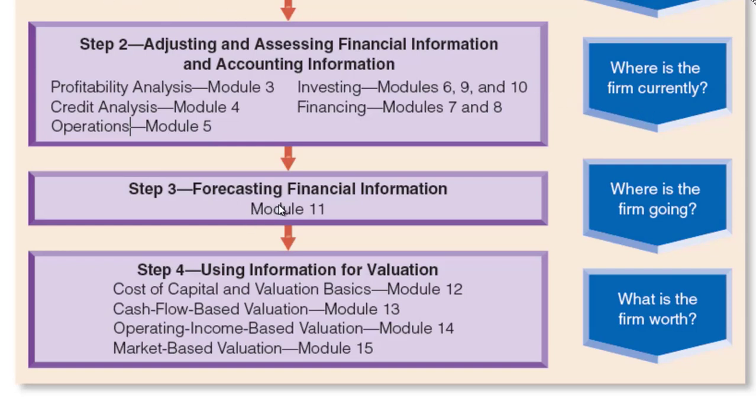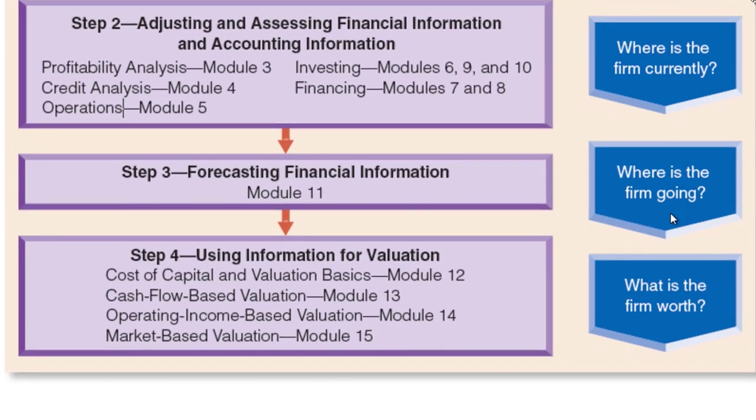In Step 3, which is Module 11, we apply our knowledge of the business environment and the company's current status in order to form predictions about future financial performance and condition. Forecasting financial information reflects our beliefs on where the company is heading, or as the question says here, where's the firm going?